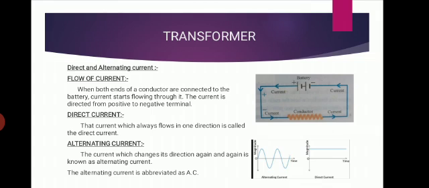What is direct current? The current which always flows in one direction is called direct current, which is abbreviated as DC. What is alternating current? The current which changes its direction again and again is known as alternating current, and alternating current is abbreviated as AC.